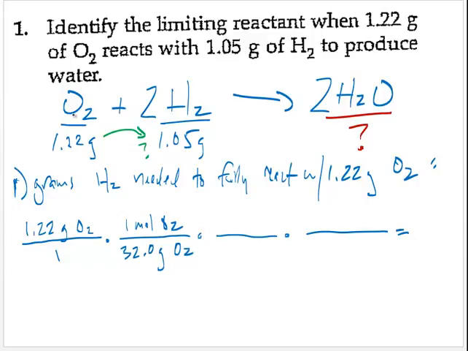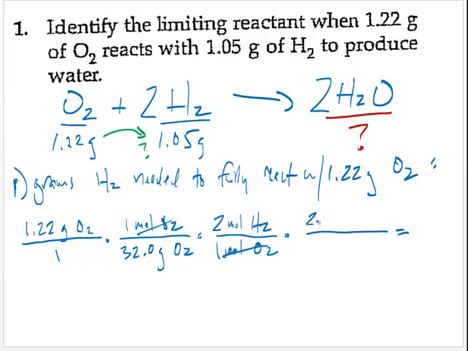Then to get from oxygen to hydrogen, we're going to need, it's a 1 to 2 mole ratio. So now that we're in moles, we're going to do our mole conversion. So that's 2 moles of hydrogen over 1 mole of oxygen on the bottom. All right, and then you can see that moles of oxygen cancels out. And now that we're in moles of hydrogen, we're going to convert moles back into grams.